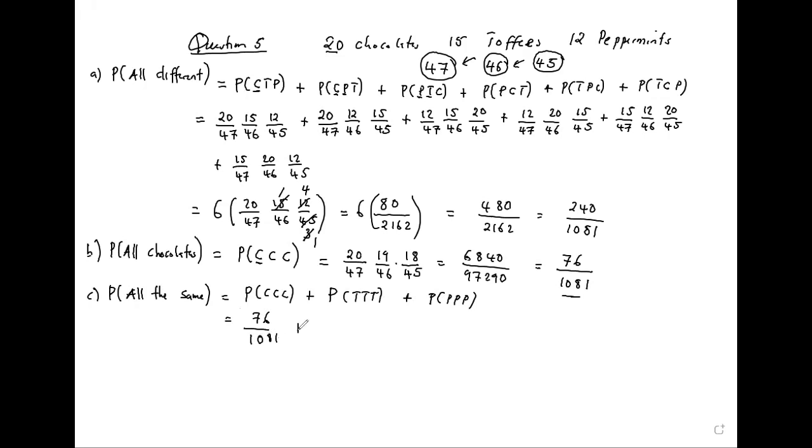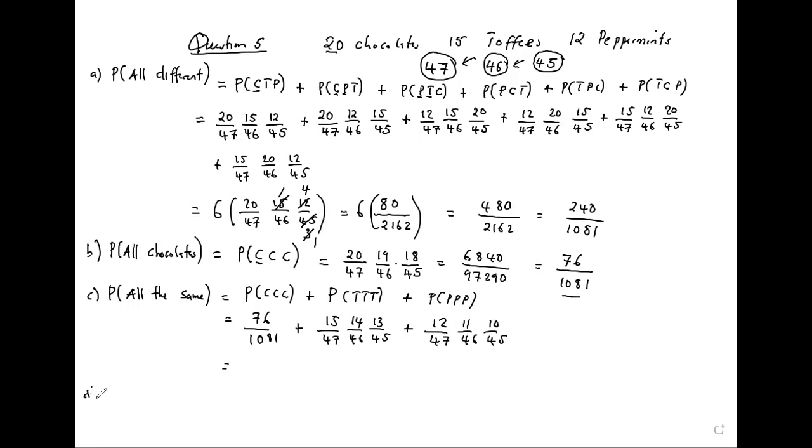Then toffee, toffee, toffee: 15 out of 47, 14 out of 46, 13 out of 45. Then peppermint: 12 out of 47, 11 out of 46, 10 out of 45. Calculate to get the figure, yeah?